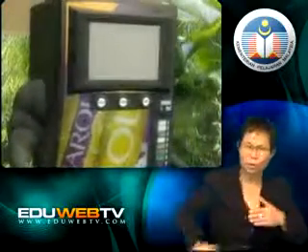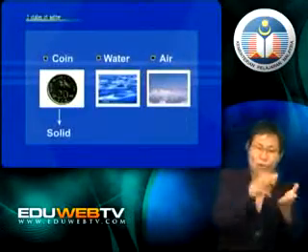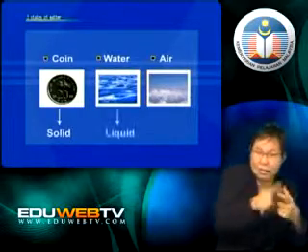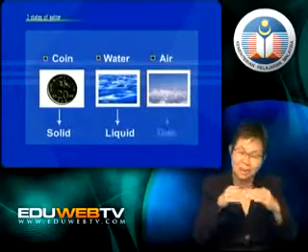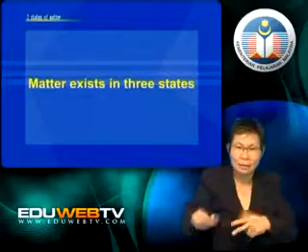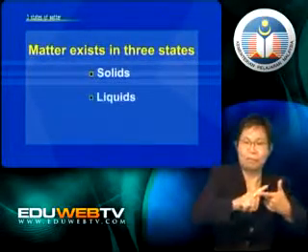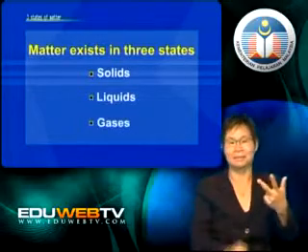Although they are all examples of matter, they are quite different. The 20-cent coin is solid, water is liquid, and the air is gas. You see, matter exists in 3 states. They are solids, liquids, or gases.